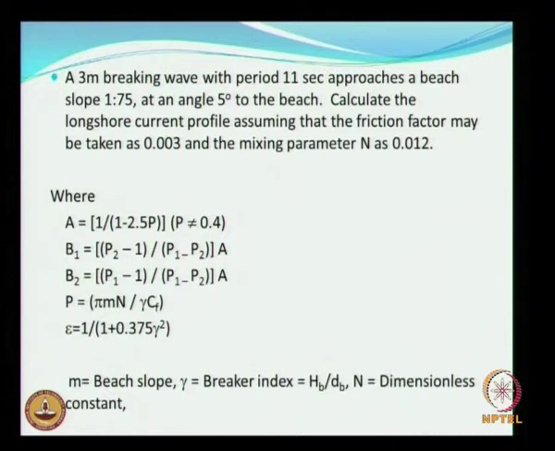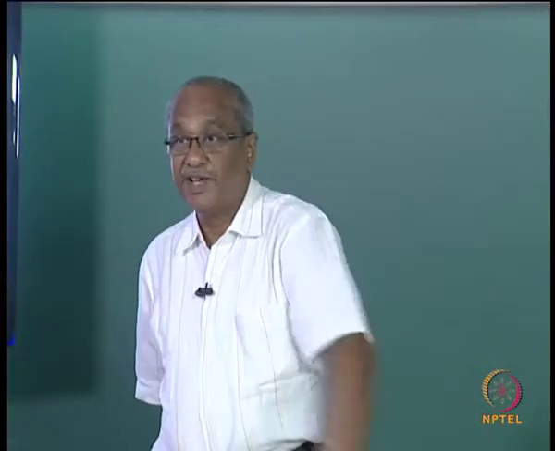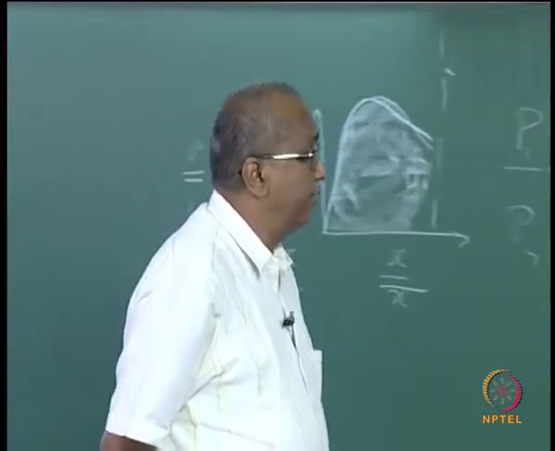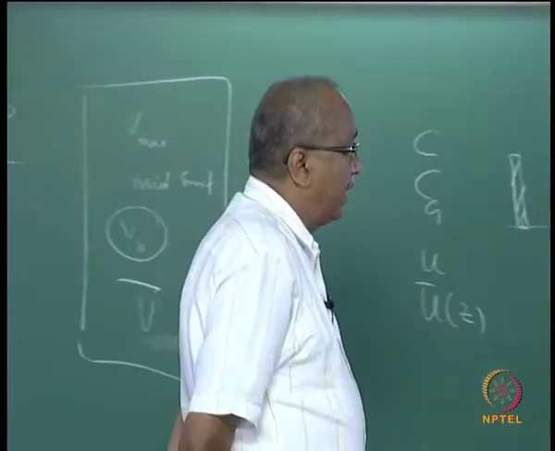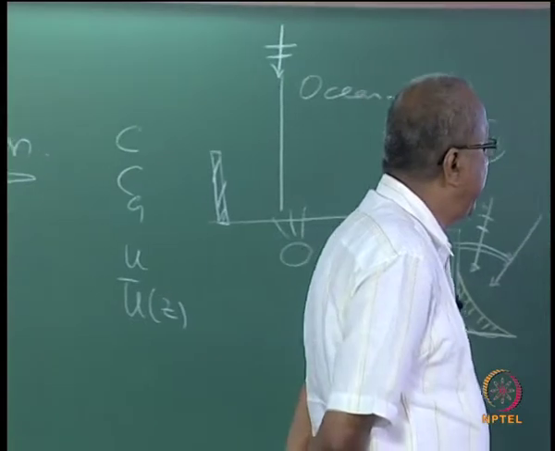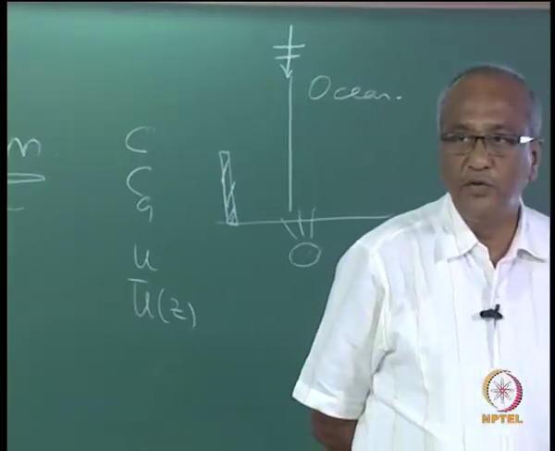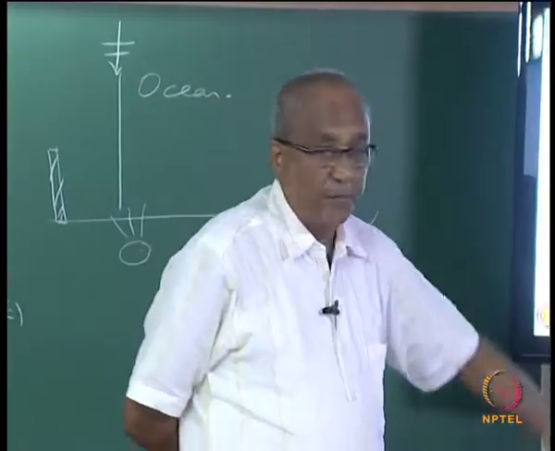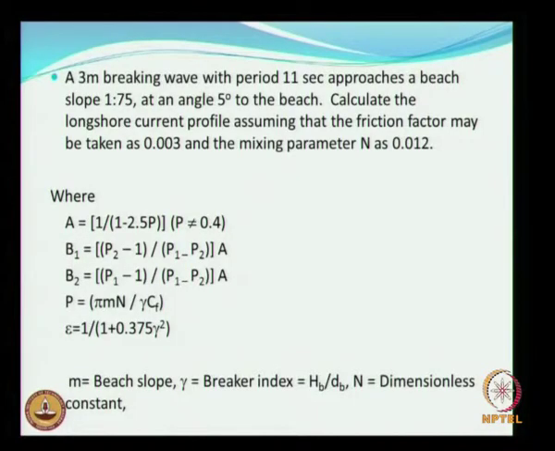Beach slope is given as 1:75, and the breaker angle is given as 5 degrees, because it is mentioned as breaking wave height, breaking wave. Calculate the longshore current velocity assuming that the friction factor may be taken as around 0.003 and the mixing parameter as 0.012. If these values are given, you can estimate all these parameters.